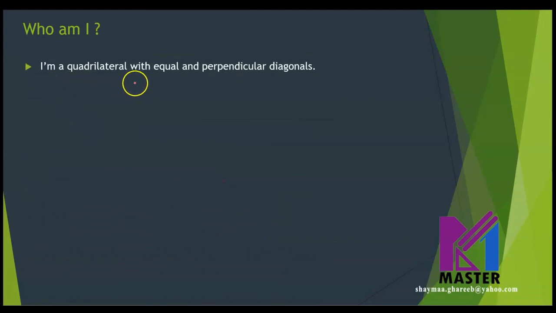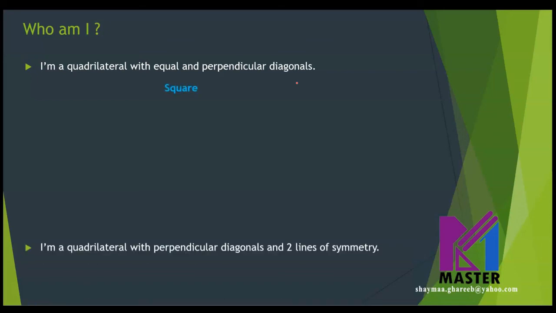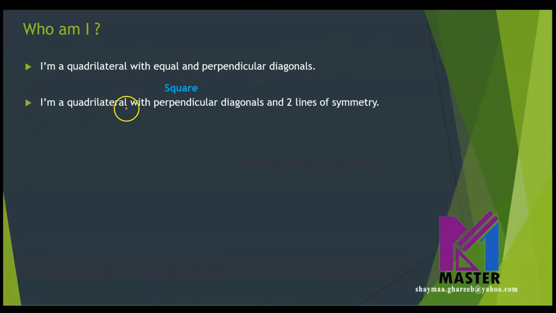I am a quadrilateral with equal and perpendicular diagonals. So diagonals are equal and perpendicular. So which quadrilateral is it? Square. I am a quadrilateral with perpendicular diagonals and 2 lines of symmetry.